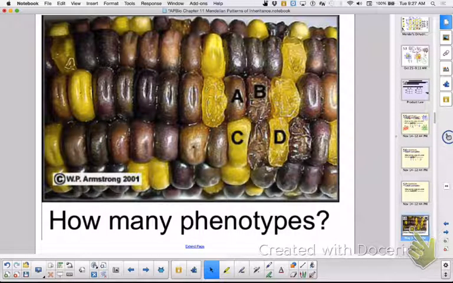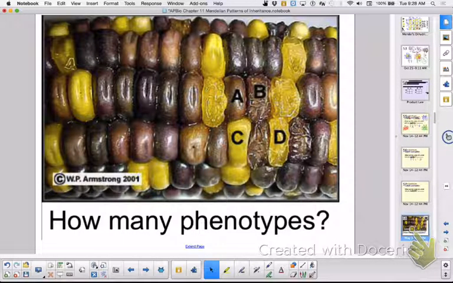How many different phenotypes do we have? 4. What do you think the dominant trait is? Brown, smooth. Round and brown or round and purple? Wait, where's purple? This is Indian corn. It's kind of brownish purple on mine.